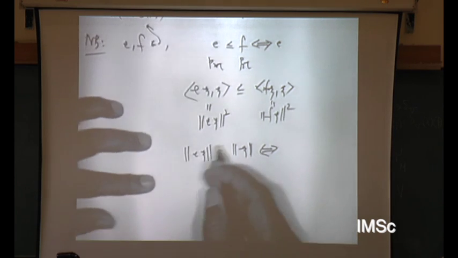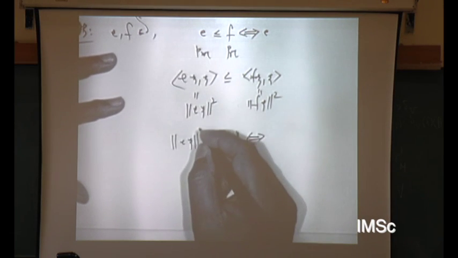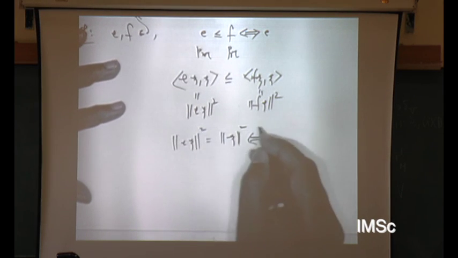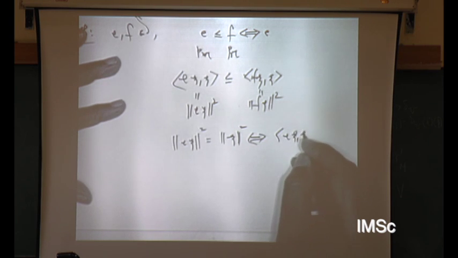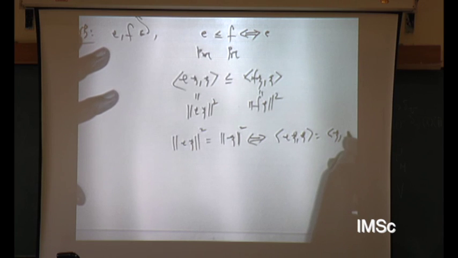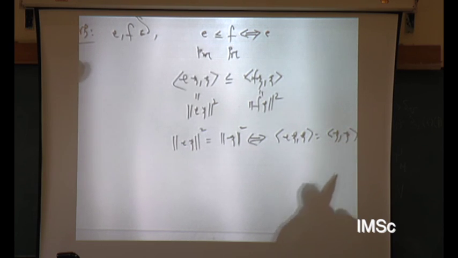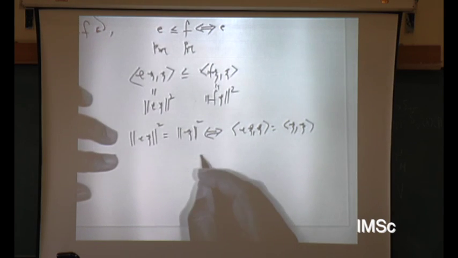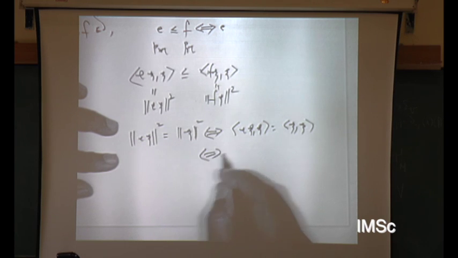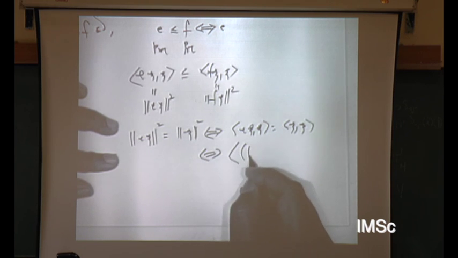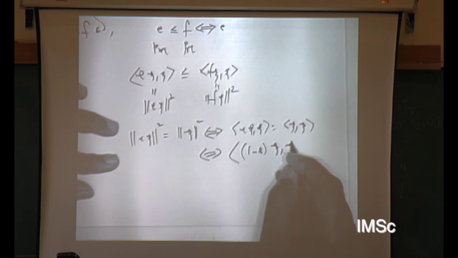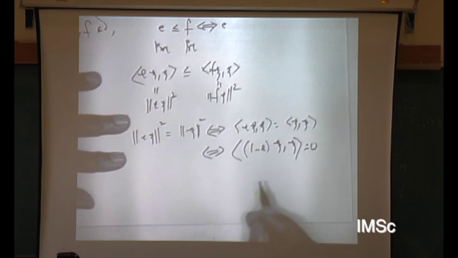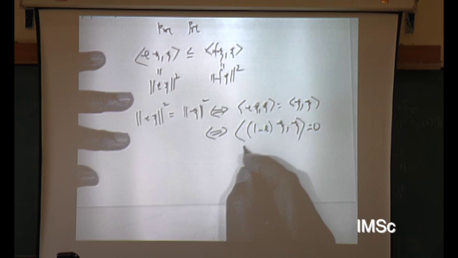So you're saying, which is equivalent to saying that the inner product of 1 minus E xi with xi is 0.